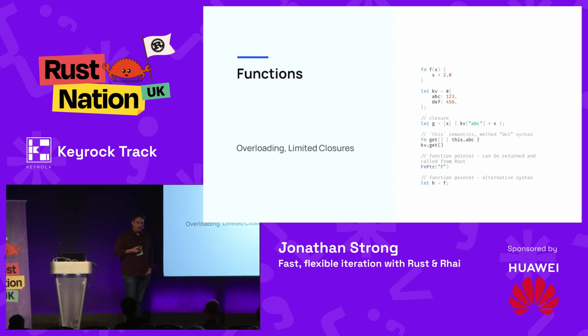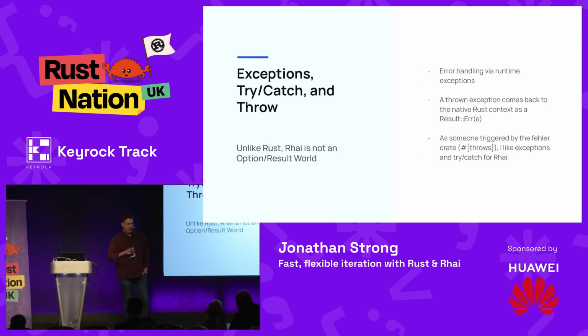But there's also a this keyword that works similar to how this works in JavaScript. And there's method dot notation on objects that you can call, and it will refer to the this. And there are function pointers. You can pass a Rhai function back to Rust if you want. Also, when you're defining that custom type interface that lets you interact on a Rust native type, you can use function overloading and call the same method name with several possible signatures.